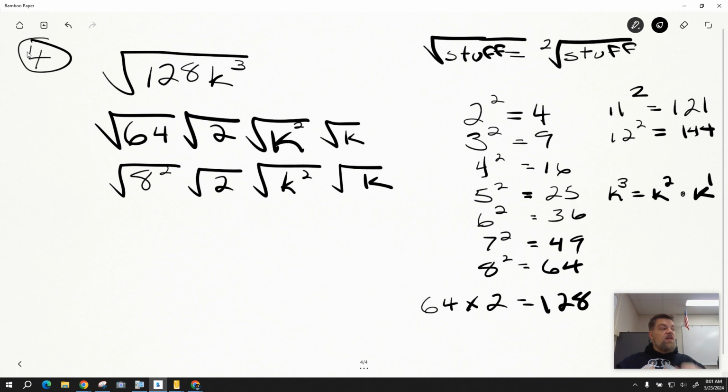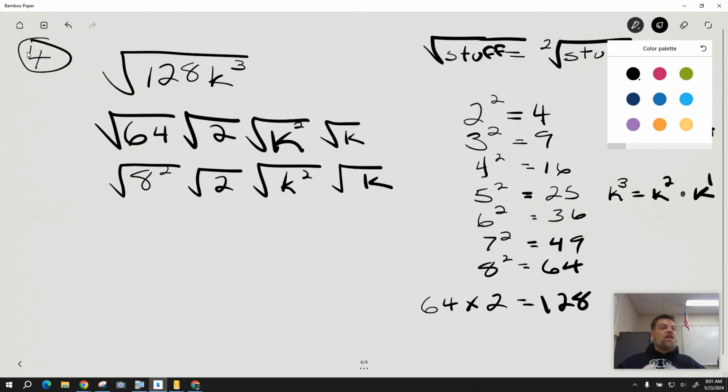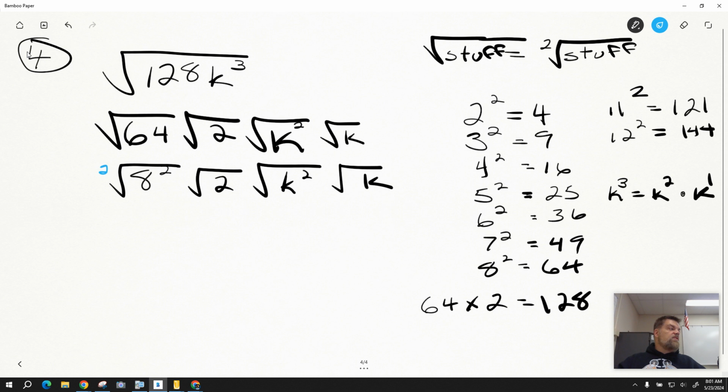Remember that, deep down, we don't write it down, but we should always remember that we're taking the second root of all these items. What happens is that this root will cancel with this square, this root will cancel with this square, but this is 2 to the first power and this is k to the first power.